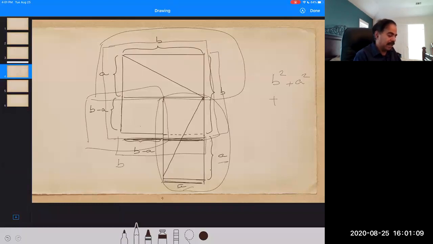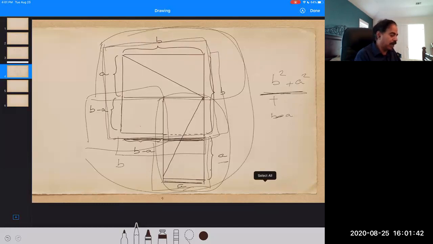So this picture consists of this B by B square, and then this A by A square. Therefore, the total area of this arrangement is just B square plus A square.